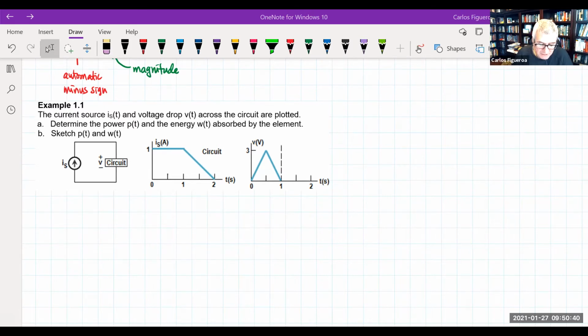The first one says you have a current source, and a current source is very similar to a voltage source. It puts out a constant current, just like a constant voltage source puts out a constant voltage. But remember, I'm really misleading you when I say that. There is no such thing as a current source. There is no such thing as a voltage source. If you say a voltage source, then it's not connected to anything.